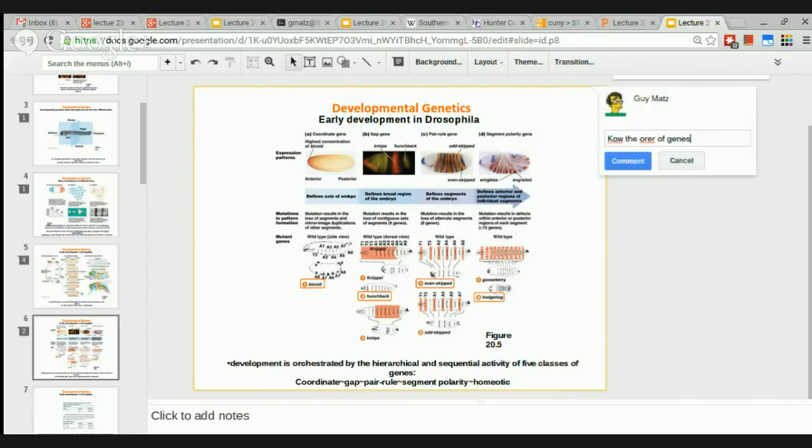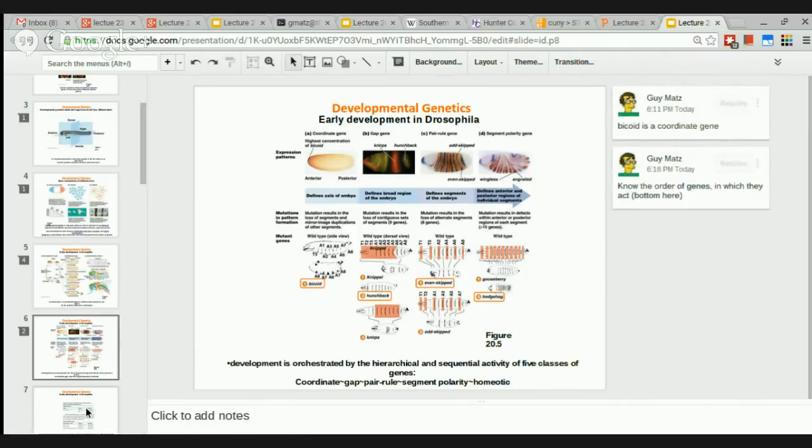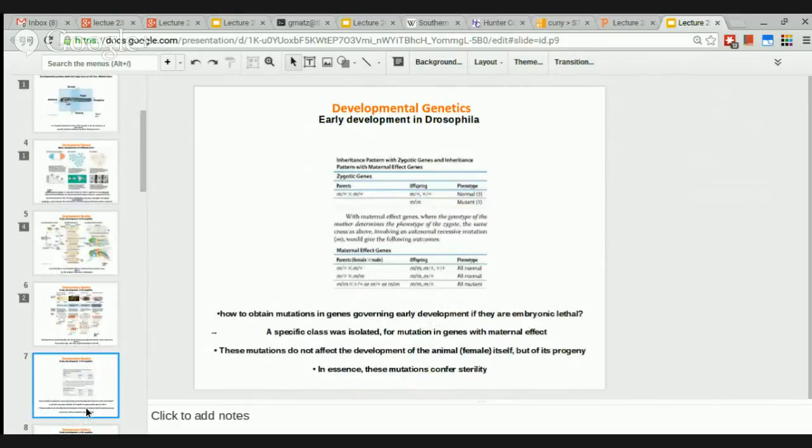How do you get mutations that affect development? Here's the conundrum. You want to isolate mutants in the fly that govern development. Easy. I mutagenize with X-rays or things like that, and I cross the flies and I look for embryos that are dead.